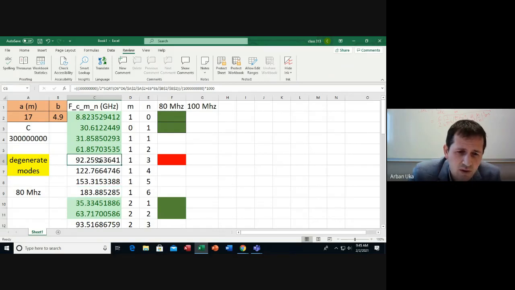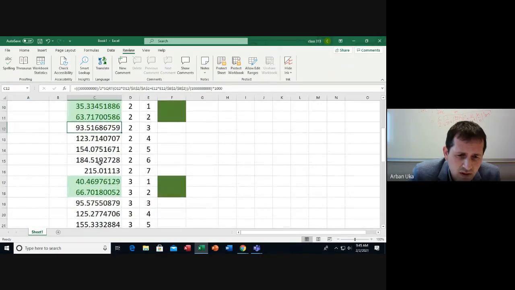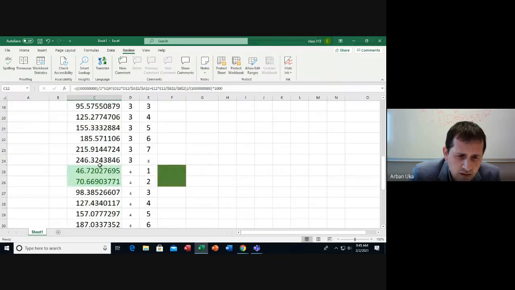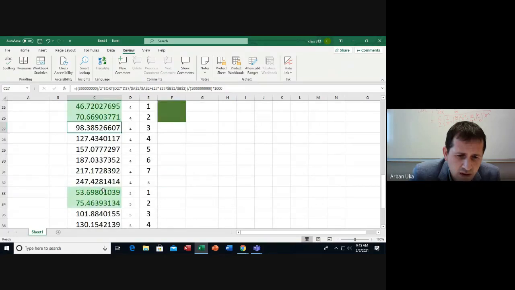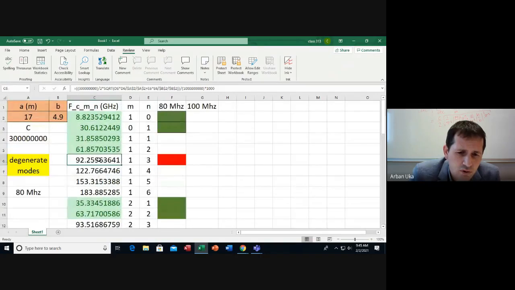So when we look at these, 92 megahertz looks like a good candidate. Do we have 93? We can still get 92. 98, so 92 could be the answer then. Okay, most probably. So this is the lowest order mode, the 1.3, which does not propagate at 80 megahertz.